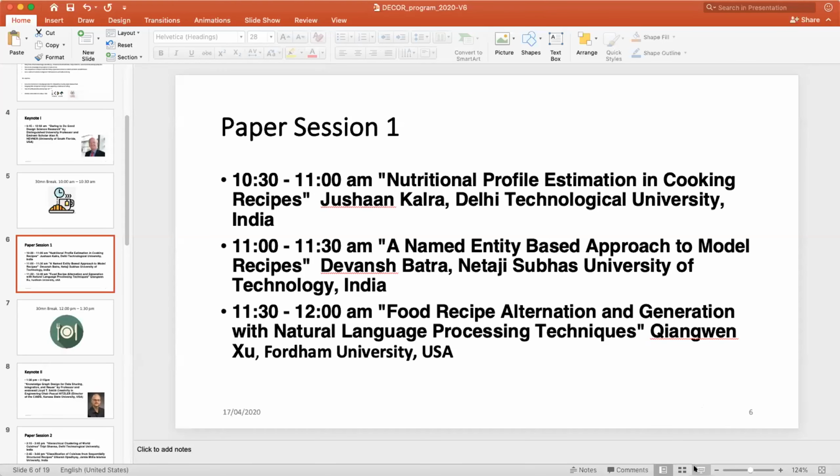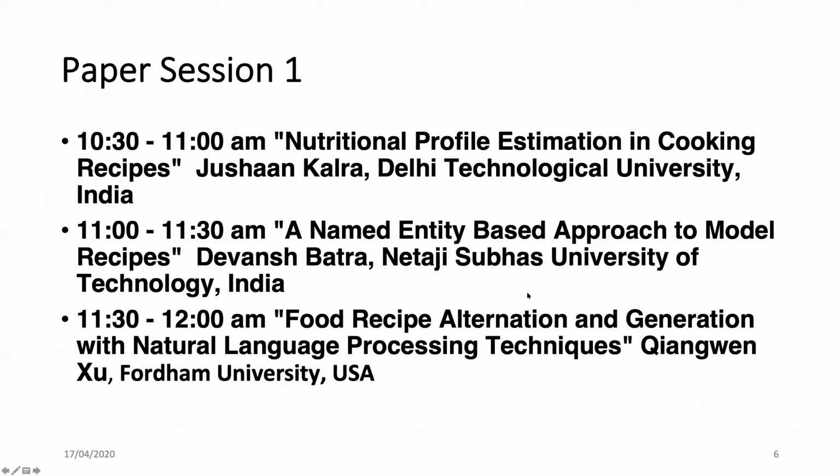I would characterize this paper as an embeddings paper for downstream applications, as they say in NLP. The title of the paper is Food Recipe Alternation and Generation with Natural Language Processing Techniques, and the author is Changwen Xu from Fordham University.